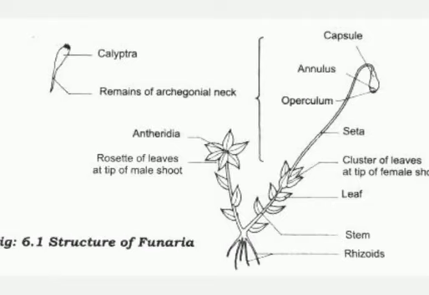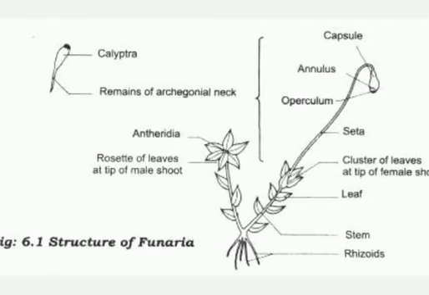That is, they are present in water and they don't have proper or true root, stem or leaves. So they are called pseudostem and leaves. Branches are not true, whereas they are branched, so they are called rhizoids.